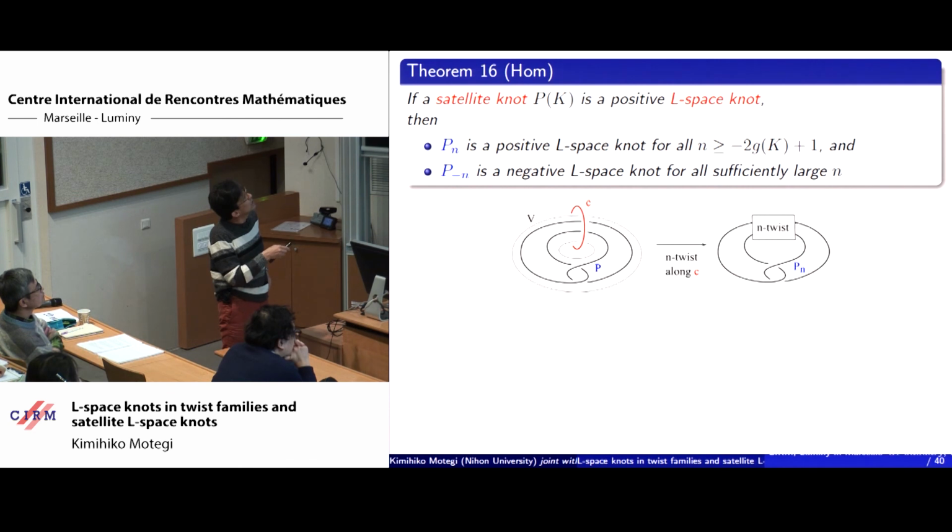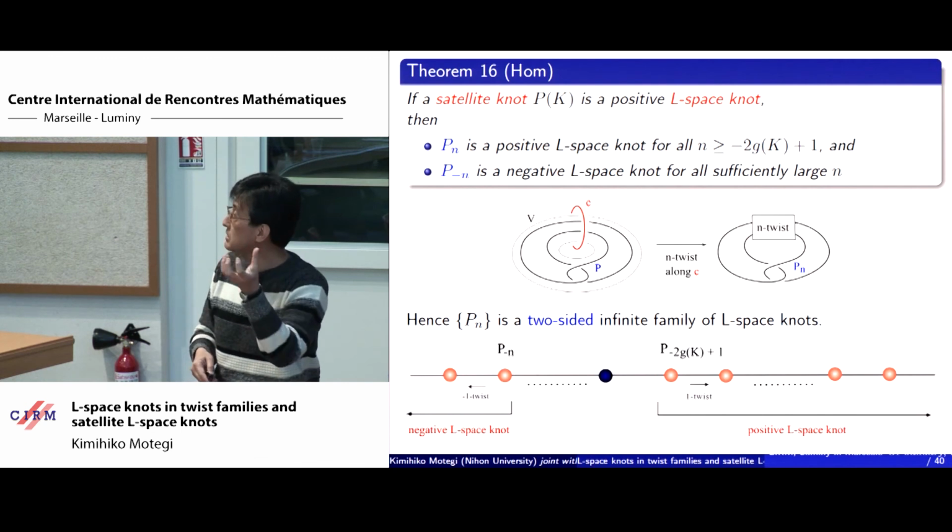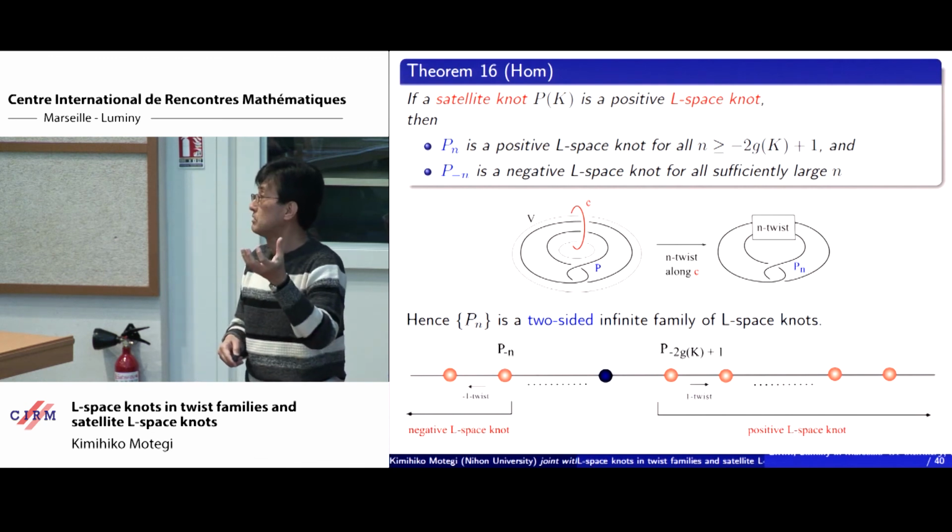She proves that P_n is a positive L space knot for all integers n greater than or equal to minus 2g plus 1, and P_n is a negative L space knot for all sufficiently large negative n. So this means that P_n is a two-sided infinite family of L space knots, which we considered previously.